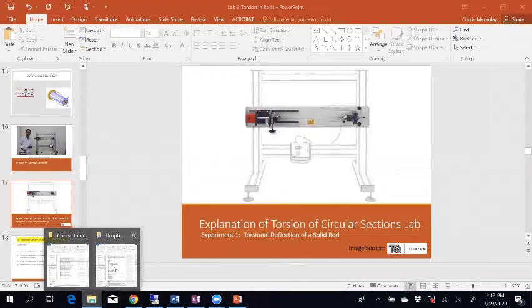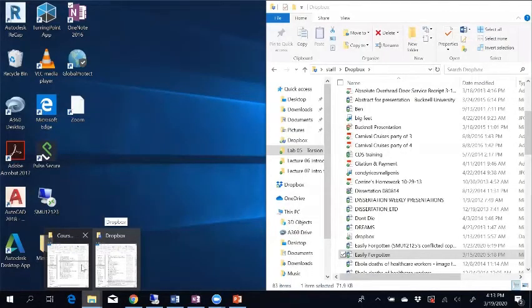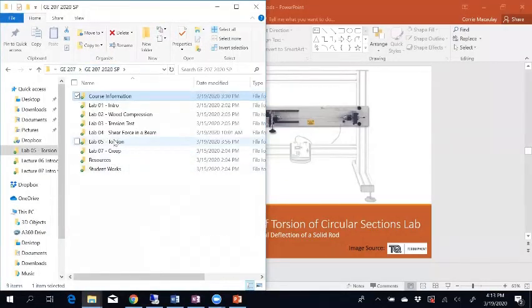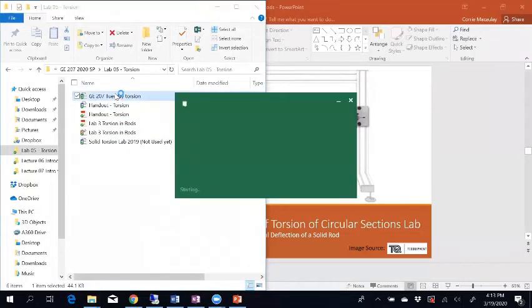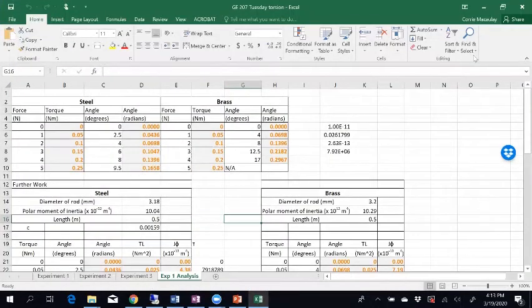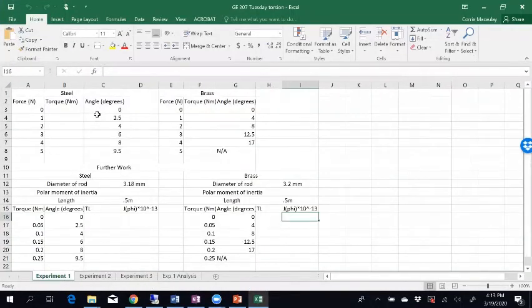So let me see the data that I'm going to send you guys. I'm trying to see if I can find it here. You are doing torsion. So experiment 1. I don't actually have it shown here, but the distance is 0.05 meters, that torque arm length, if you would.